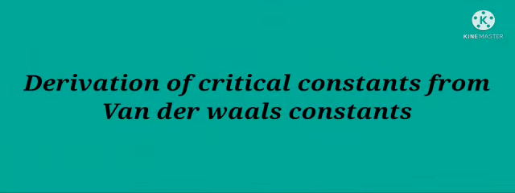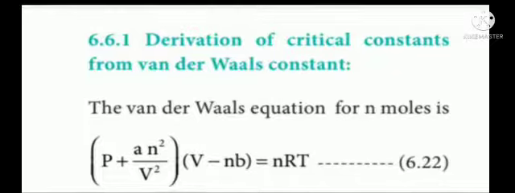Here, we have to derive critical constant values, namely critical volume Vc, critical pressure Pc, and critical temperature Tc from van der Waals constants a and b. The derivation is present in your Chemistry Volume 1 book, pages 174 and 175.